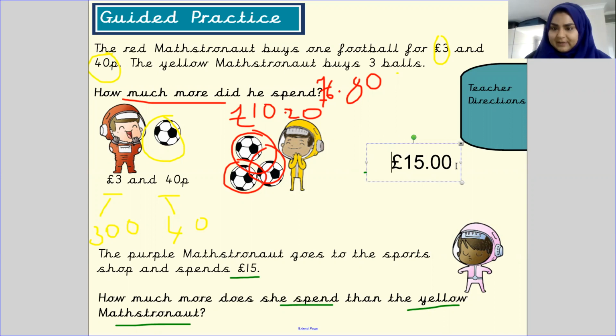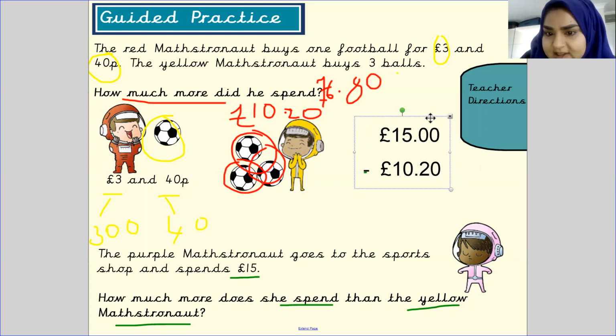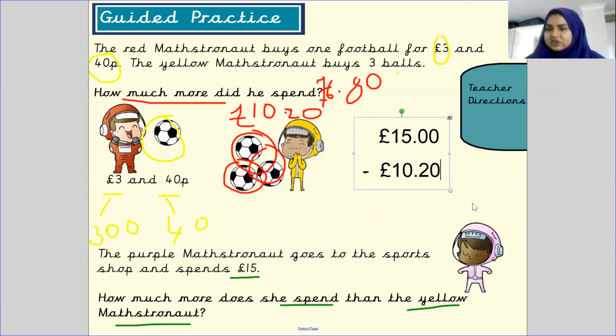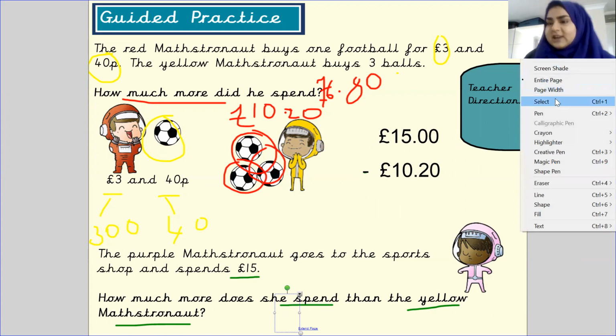Okay, so £15 take away £10.20, and the reason I've written £10.20 there is because that is how much the yellow astronaut had used, and we're trying to work out the difference between the purple and the yellow astronaut using column subtraction.